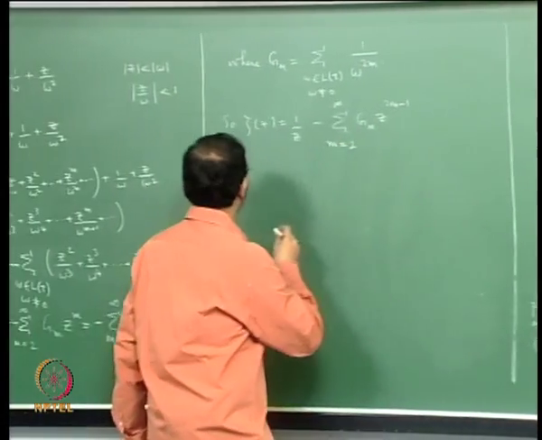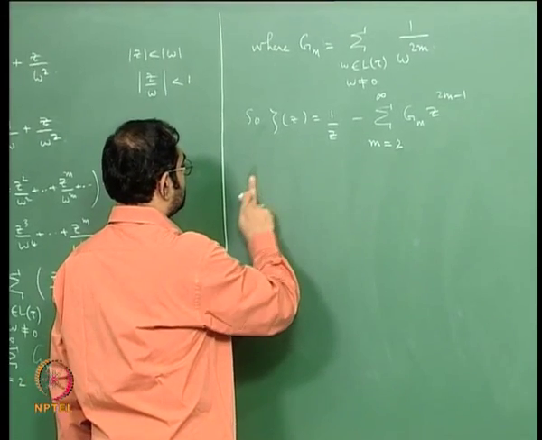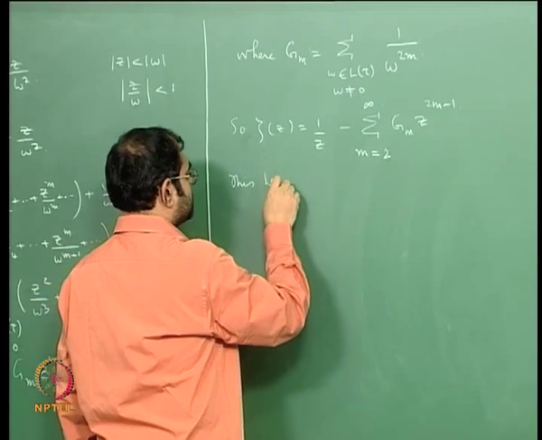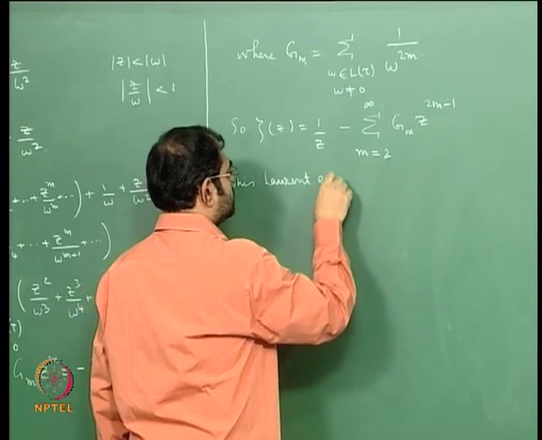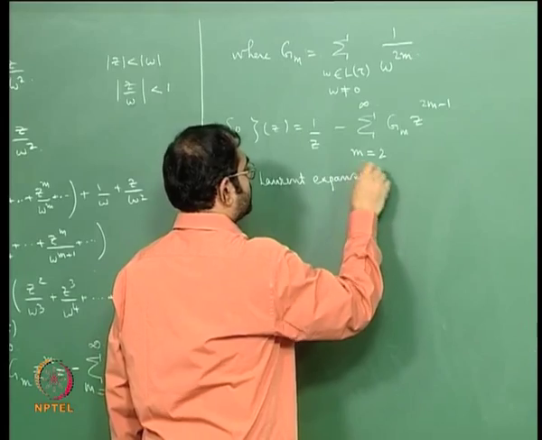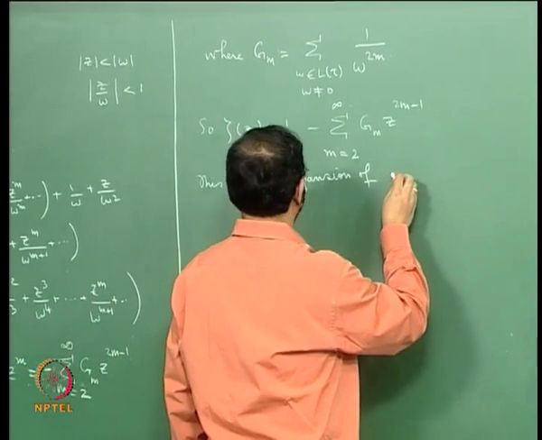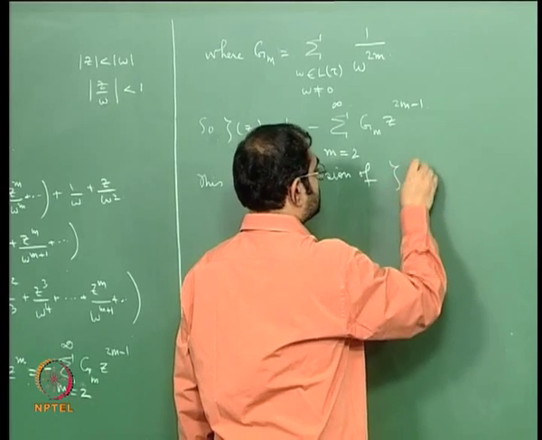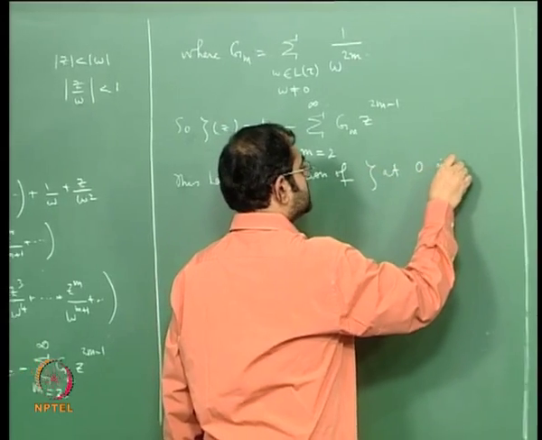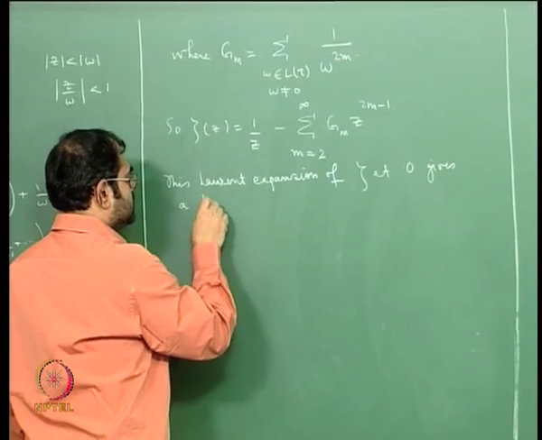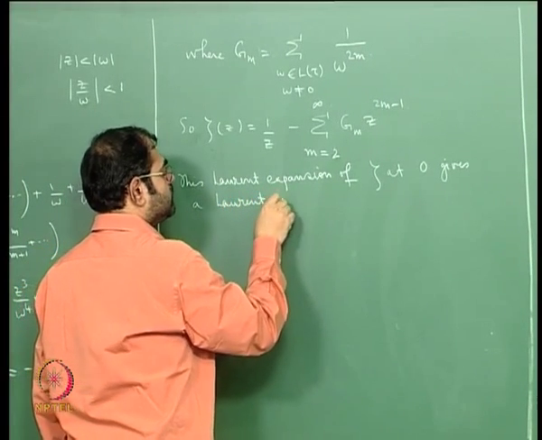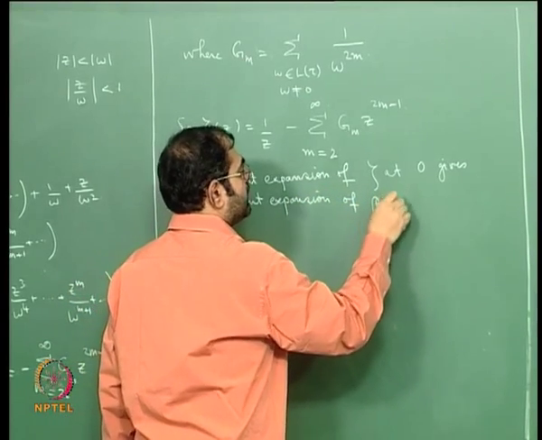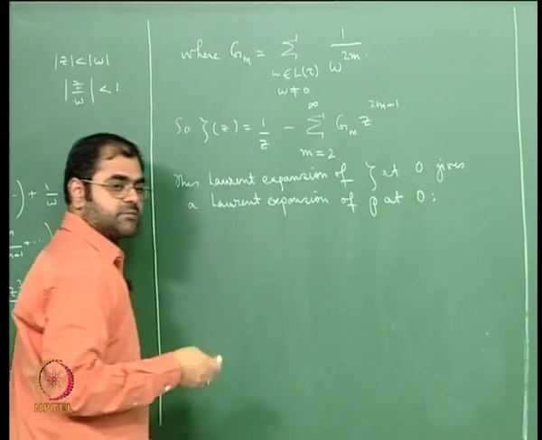So as a result what you will get is this Laurent expansion of zeta at origin gives a Laurent expansion of phi at the origin just by term wise differentiation.